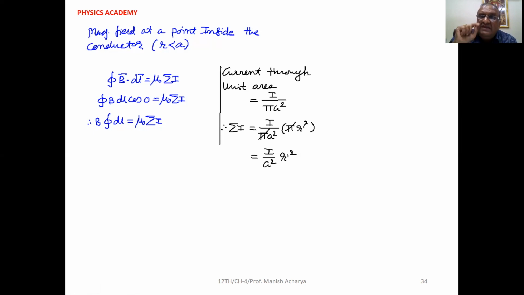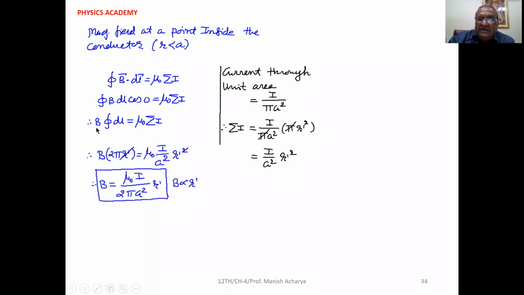So multiply it by the area of the Amperian loop. So sigma I, the total current passing through the Amperian loop, is current through unit area, I upon pi a square, into area of the Amperian loop, pi r dash square. Pi cancelled. So I r dash square upon a square.